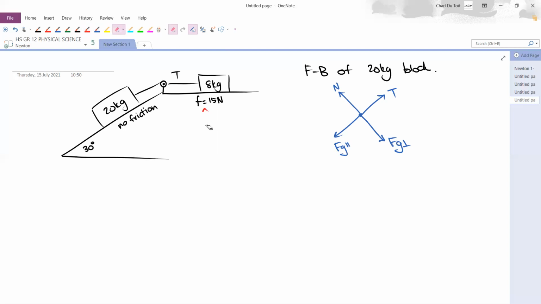I don't need all the components, just the components parallel to the surface. So this is the 8 kg block, the red one, and the blue one is the 20 kg block. I want you to calculate the acceleration of that system. Try and figure that out. You have to set up two equations and make them equal to one another.